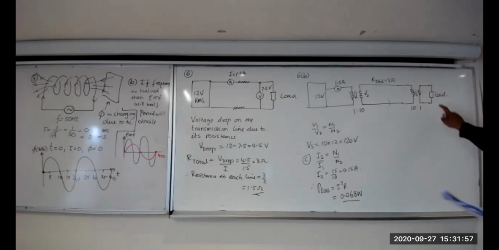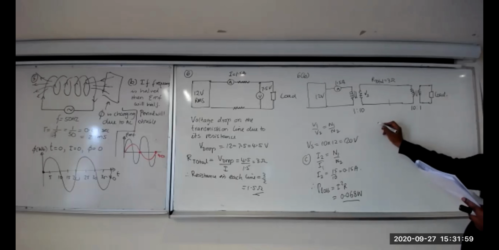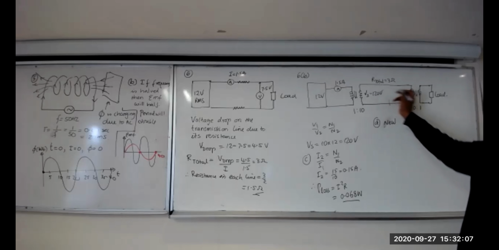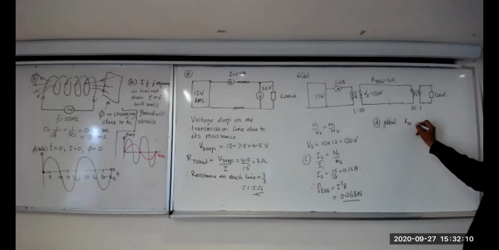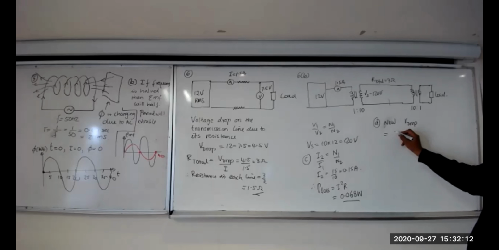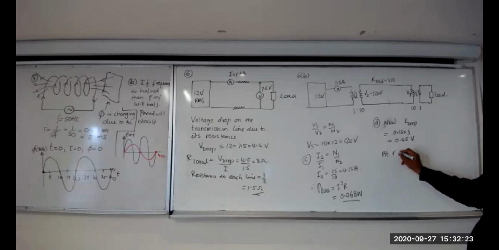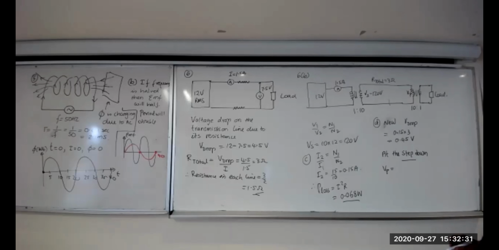They're asking how much voltage is received by the load. At the step down, VP is going to be 120, take away that voltage.